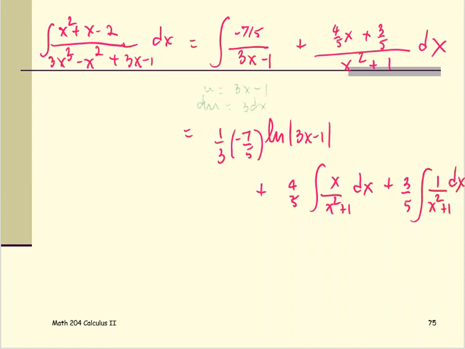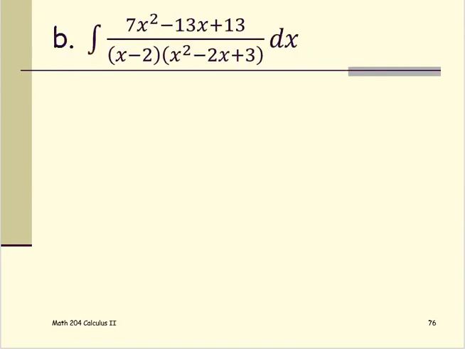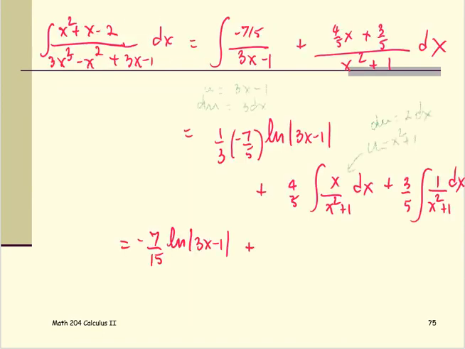Okay. And then the second term here, I let u be x squared plus 1. So my du is 2x dx. Now I simplify the first term to be negative 7 over 15, natural log absolute value 3x minus 1. And the second term will become 4 over 5 times 1 over 2, natural log of absolute value x squared plus 1.